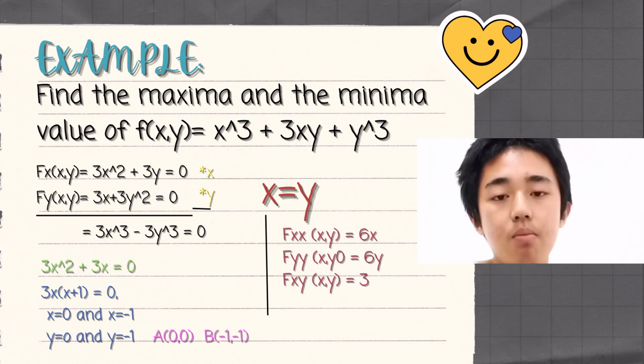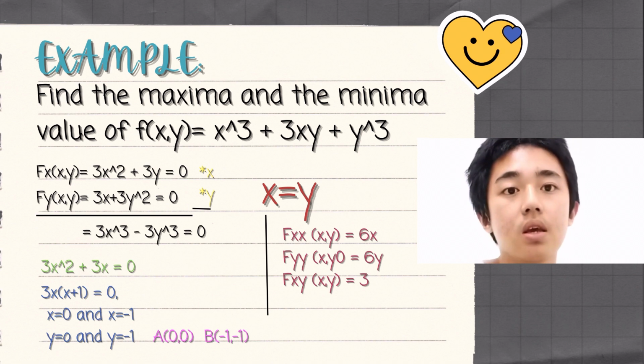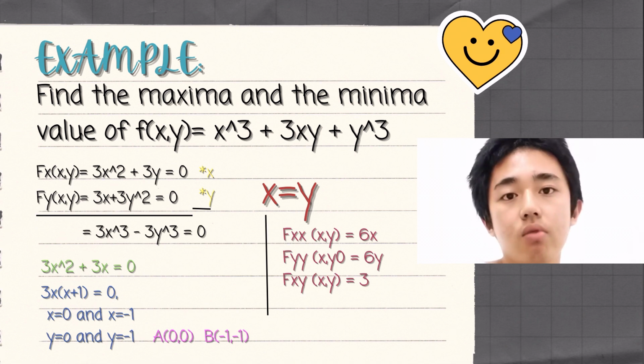Because there is the same 3xy, we can remove them because we are subtracting them, and that leaves us with 3x cubed minus 3y cubed equals 0. Because it is the same, we can move the y to the 0 side, and then it gives us 3x cubed equals 3y cubed, and we can simplify both of it, and we get x equals y.